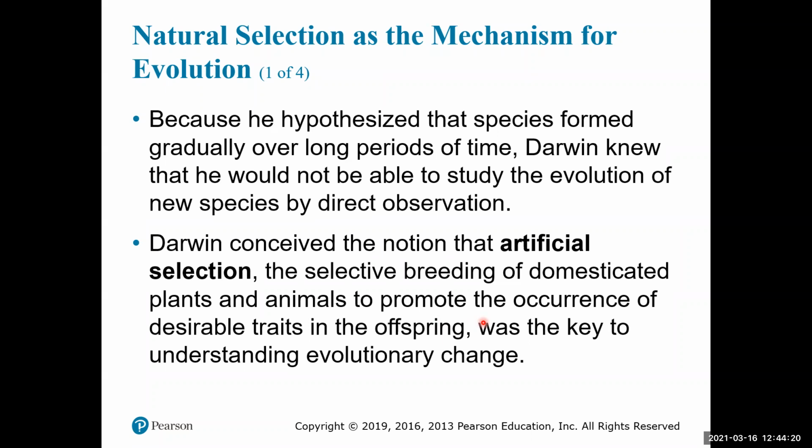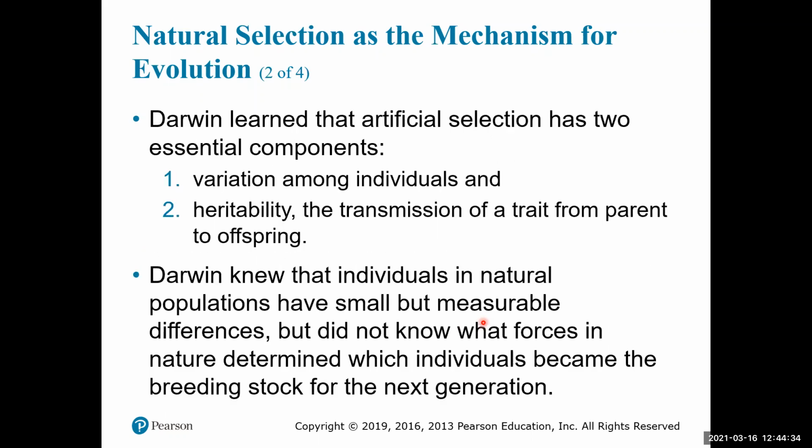And so by selecting for those specific traits and only breeding organisms that have those traits, we're essentially producing a natural selection filter on the organisms, but doing it artificially.